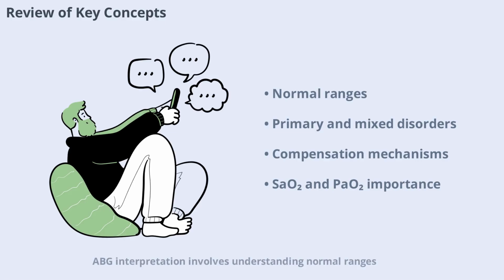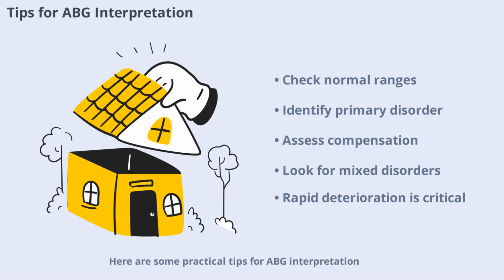ABG interpretation involves understanding normal ranges, primary and mixed disorders, compensation mechanisms, and the importance of SaO2 and PaO2. Use systematic approaches, rules of thumb, and clinical context to guide diagnosis and management. Here are some practical tips for ABG interpretation.